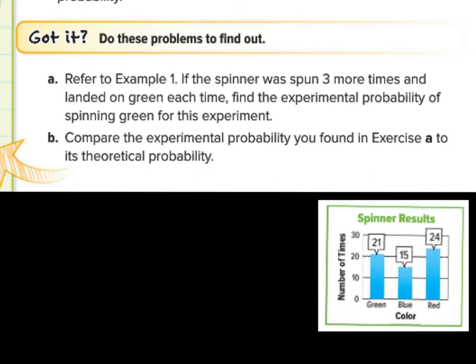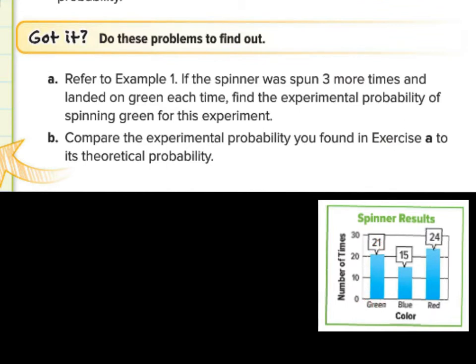Okay, let's try the practice on our own. Refer to example 1, right here. If the spinner was spun 3 more times, so 63 times now, and landed on green each time, find the experimental probability of spinning green for this experiment. So what is the experimental probability if we change green to 3 more times?